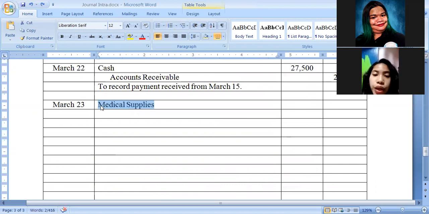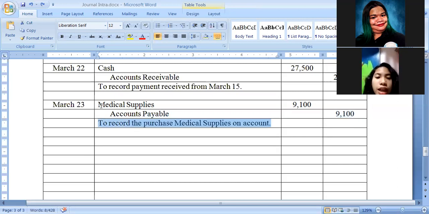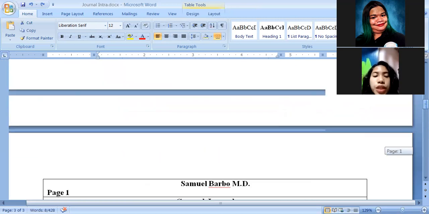Then we're going to debit the medical supplies kay it is an asset nga dungagan atong asset on the amount of 9,100. Then ato ang i-credit kay ang accounts payable kay it is a liability nga ni-decrease with the amount of 9,100. It is to record the purchased medical supplies on account. Now let's proceed on March 24.